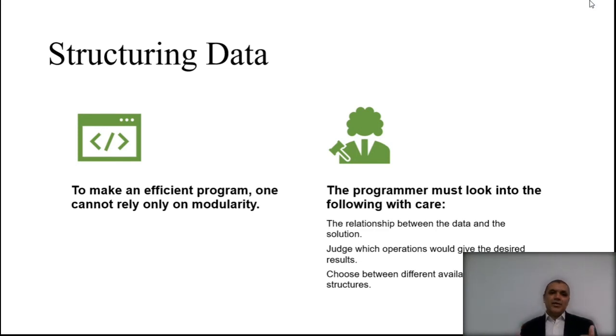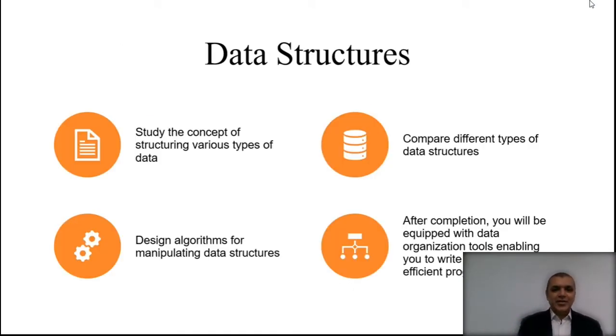This is a very important concept, and this is all done with the help of data structure. That's why data structure is very important. It studies concepts such as the various structures and various structure types where we can combine them.